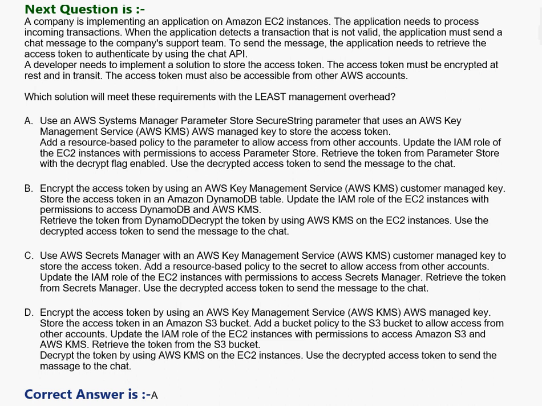Update the IAM role of the EC2 instances with permissions to access Amazon S3 and AWS KMS. Retrieve the token from the S3 bucket. Decrypt the token by using AWS KMS on the EC2 instances. Use the decrypted access token to send the message to the chat.